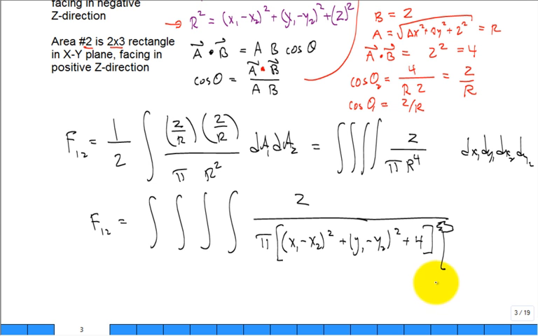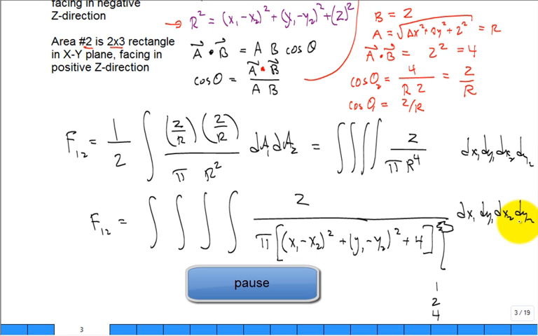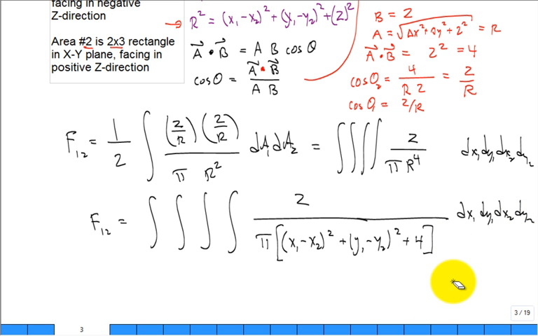Is it 1? Is it 2? Is it 4? Is it something else? And then dx1, dy1, dx2, dy2. Let me pause, walk around, and I want you to give me that power. Very good. A lot of us got it correct. It is squared. That term squared is r to the 4th.